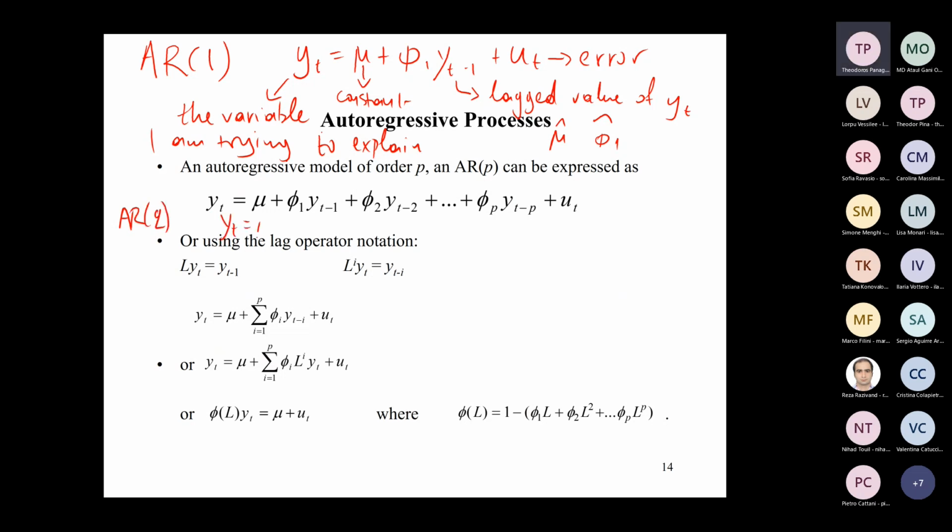So this would be a model where I'm going to have one lag plus two lags plus the error. Okay, and you can have more lags.